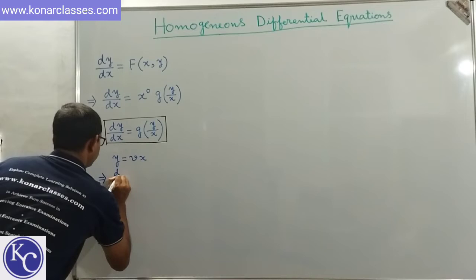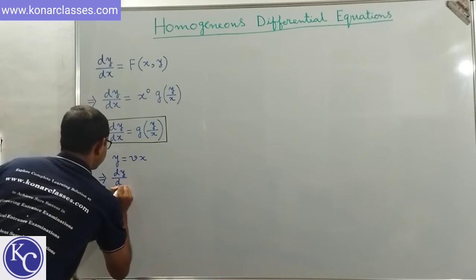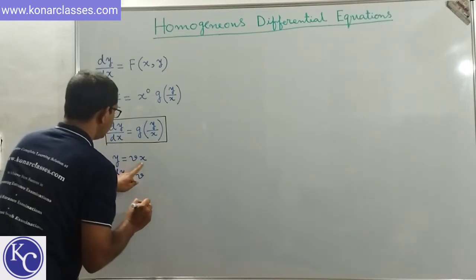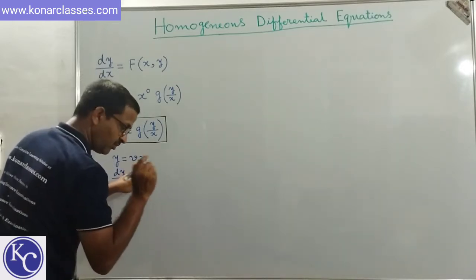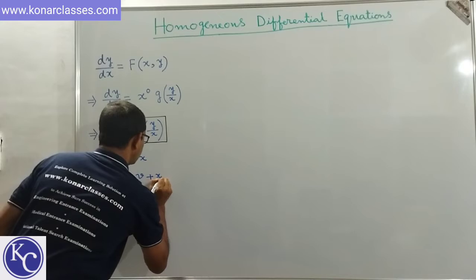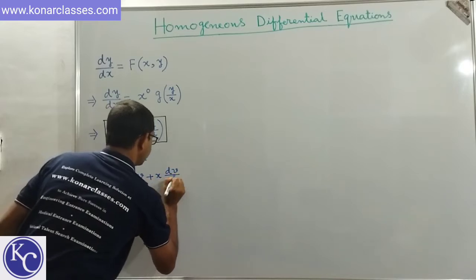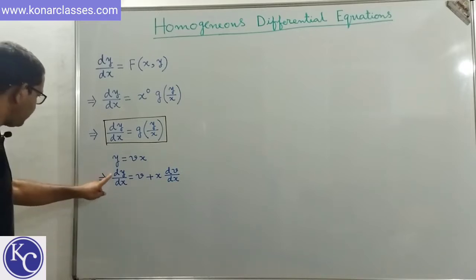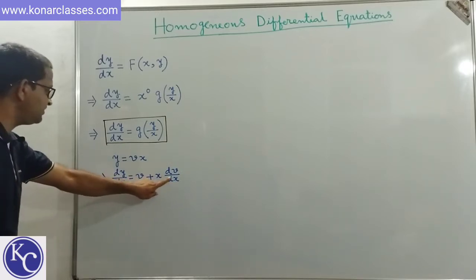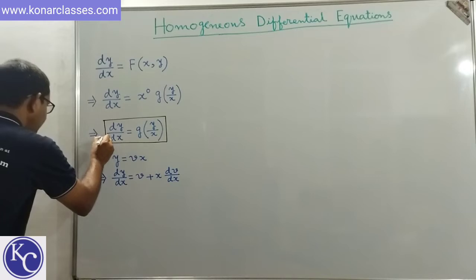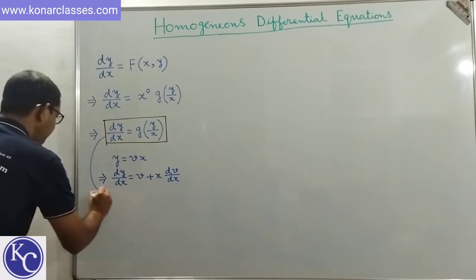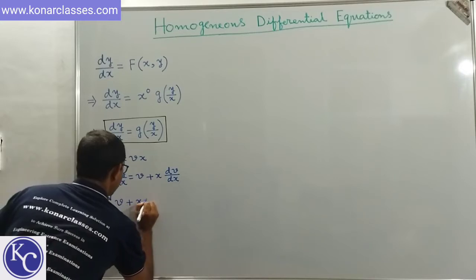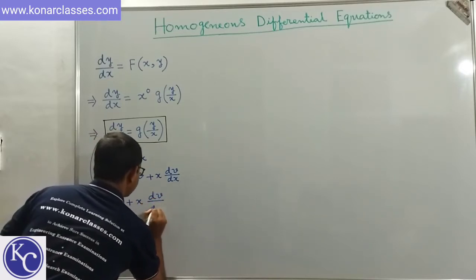This implies dy/dx is equal to v, it is a product rule, v times d/dx of x, that is 1, plus x times dv/dx, differentiation of v with respect to x.